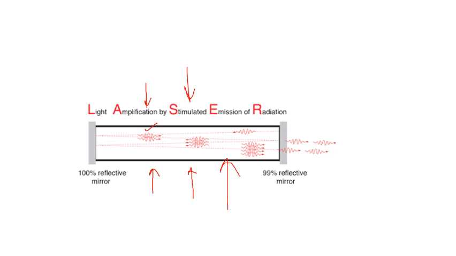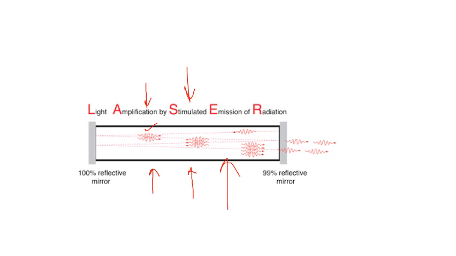The difference between stimulated emission and spontaneous emission is that stimulated emission photons are identical in all respects. All the photons have the same polarization, same direction, same energy, same frequency. So these photons create an amplification.